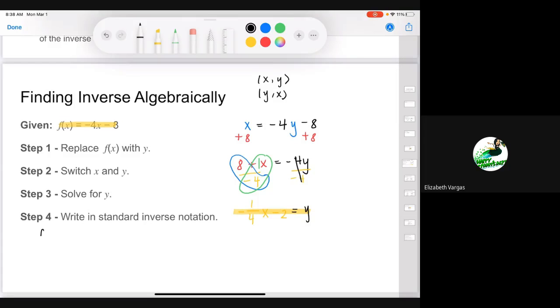My inverse function is represented by a symbol that looks like this. It contains my f, but now I have an exponent of negative 1 on the top, which represents my inverse. Then all I have to do is put my equation back together, so I replaced my y with my inverse notation.